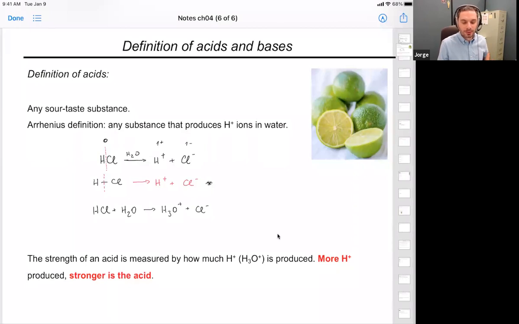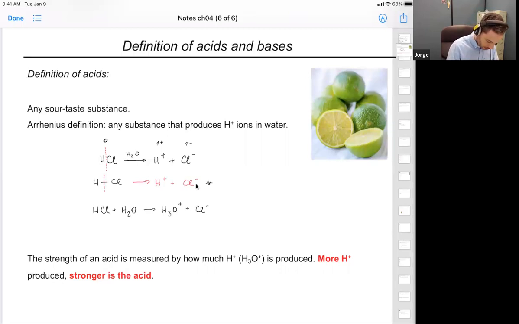Let's do here a quick recap. I defined for you acids and bases. Remember that according to the Arrhenius definition, acid is any substance that produces H+ in water. For example, here we have HCl, then when we dissolve it in water, it will split the hydrogen and produce chloride ions as well.